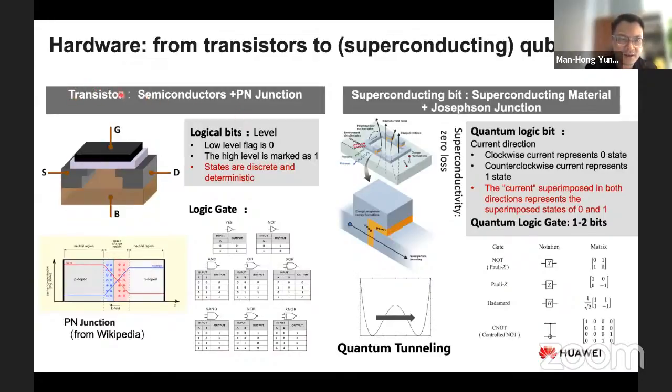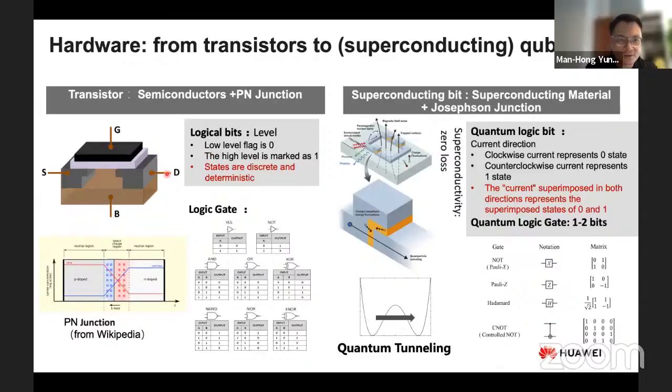Currently our classical bits are usually made of transistors, which is basically a structure involving semiconductors plus a p-n junction. All of these are quantum mechanical, so in some sense we already have a quantum device, but at the logical level, these devices operate as classical devices.